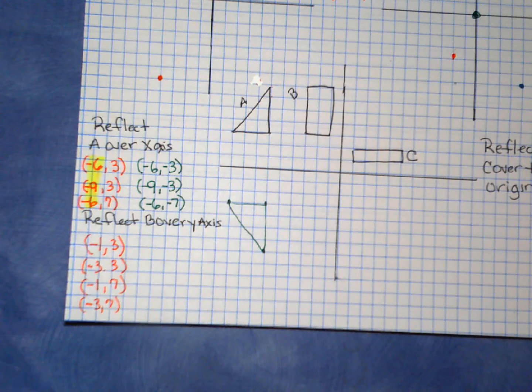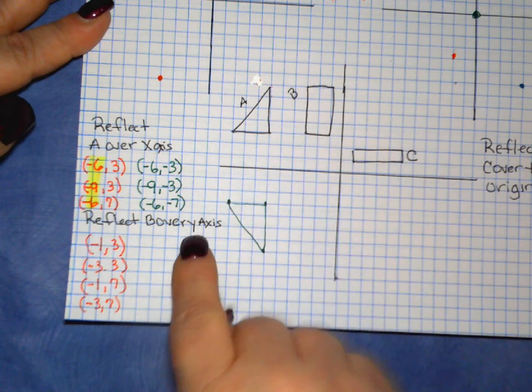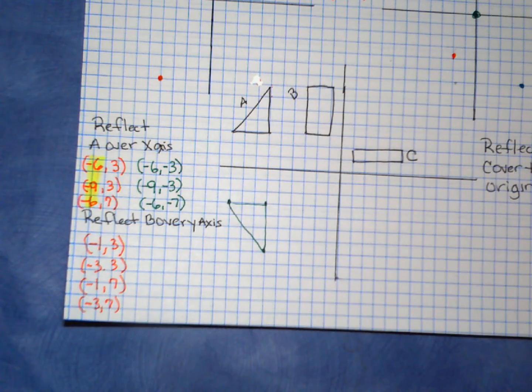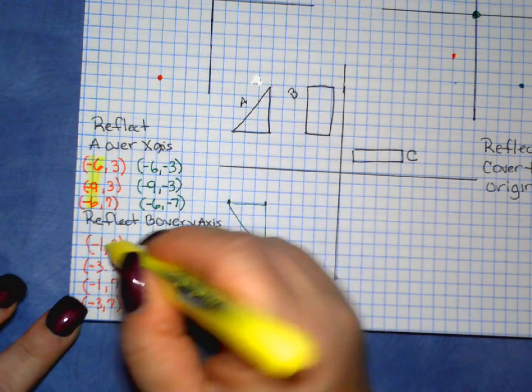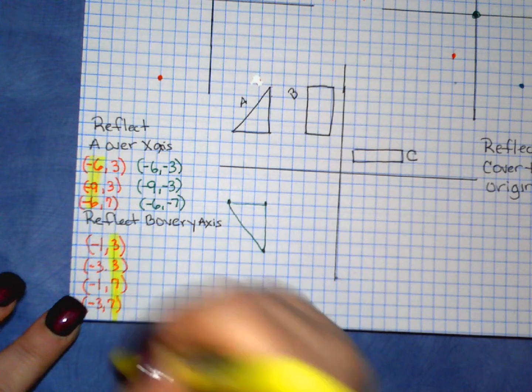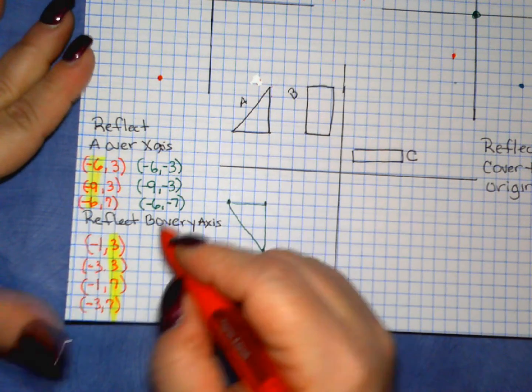And this time we are reflecting over the Y. Remember, this one says to reflect over the Y. So since we're reflecting over the Y, we need to remember our Y's are not going to change. They don't change. They're going to stay the same. Okay? So now I can go ahead and write my points.